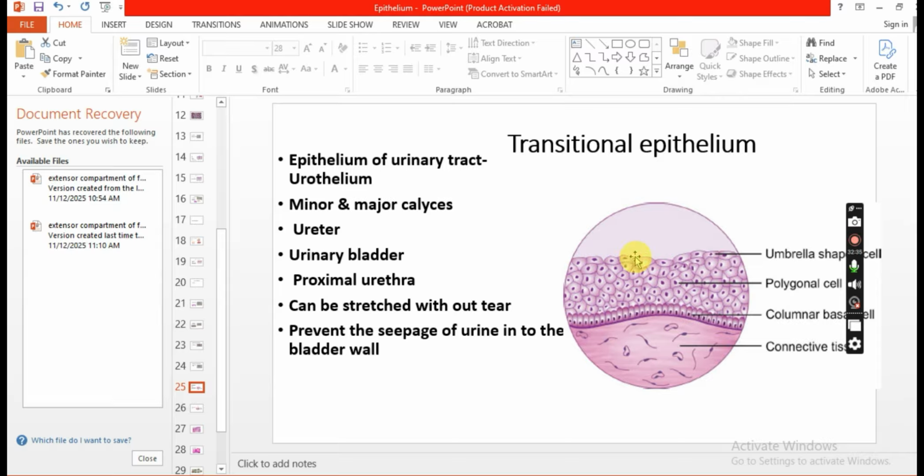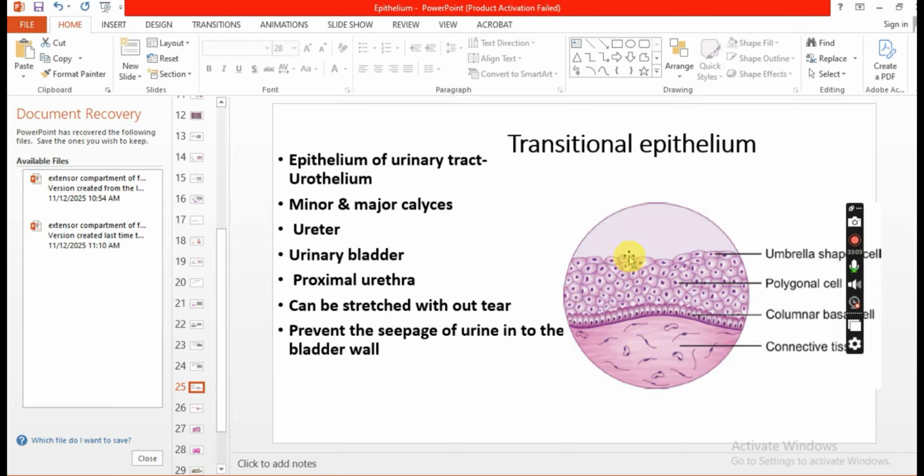Okay, and one more thing we have to remember is that the cell membrane of this top cell has a certain glycoprotein in it that prevents the urine stored in the urinary bladder from seeping into the bladder wall and subjacent tissue, causing harm for the organ.